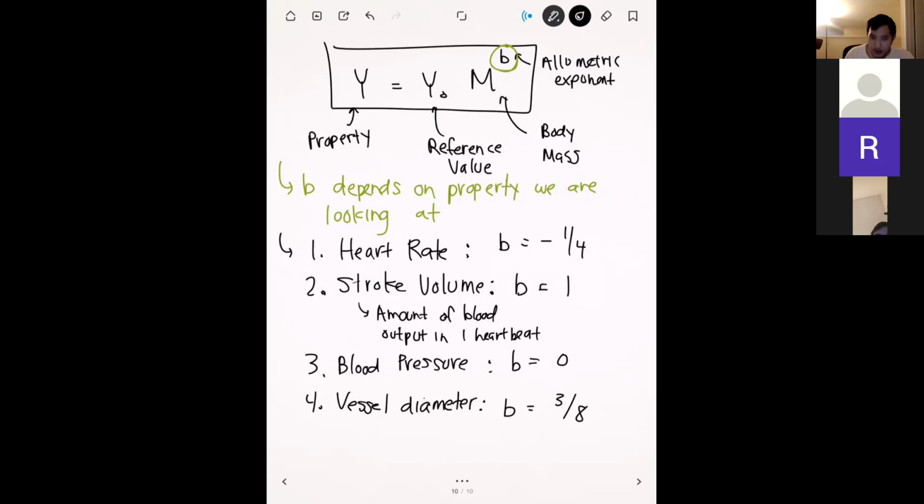Okay. So let's actually put some numbers on that cat example that I just mentioned. Let's say that you're an average human, and let's say that a human person weighs 150 pounds. Okay. And let's say that you have a resting heartbeat of 60 BPM.